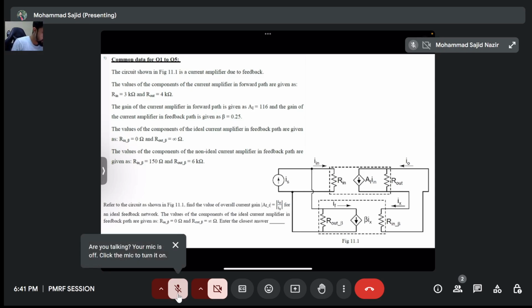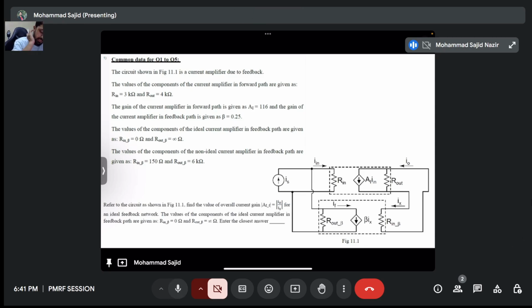Okay, so this is the circuit. What we can see is we are taking current at the output, sampling the current, and we have a shunt mixing at the input.